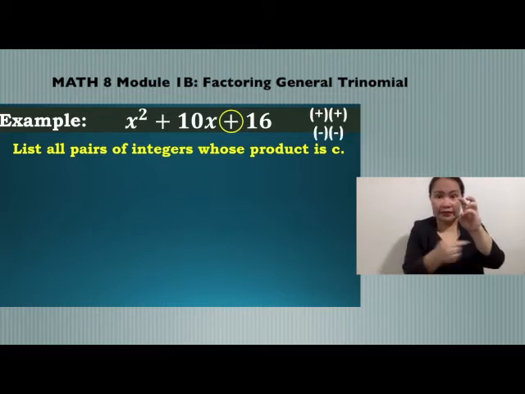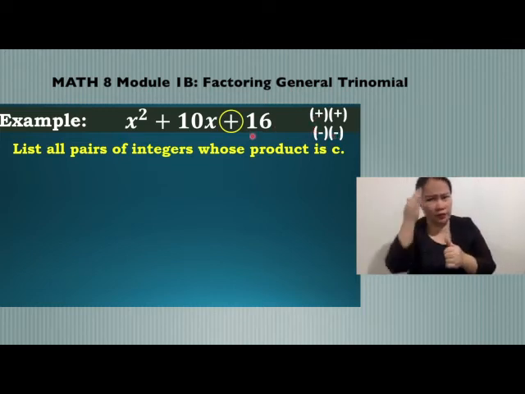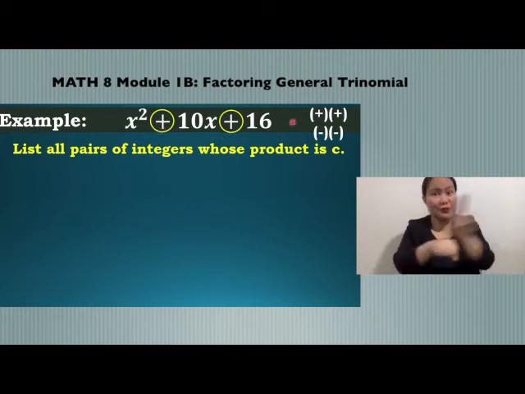So, ayan lang ang pagpipilian mo. So, ito ang titingnan natin. So, since positive yan, ibig sabihin, it's either both positive or both negative. Now, paano natin malalaman kung alin dito sa dalawang to? Dito ka naman titingin. Okay? So, since plus to or positive, therefore, ang gagamitin natin ay ito.